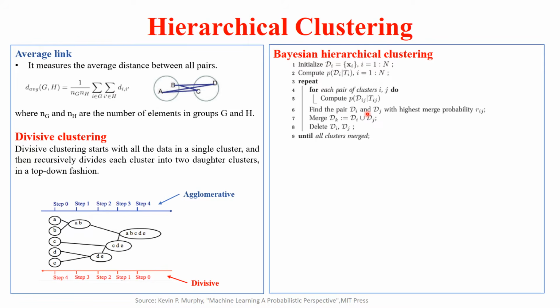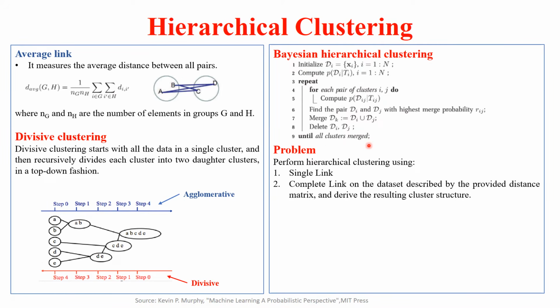So find the clusters Di and Dj with the highest merge probability. The next step is to merge Di and Dj as a single cluster Dk. After merging Di and Dj as a single cluster Dk, we can delete the two clusters Di and Dj. We repeat these steps until all the clusters are merged.